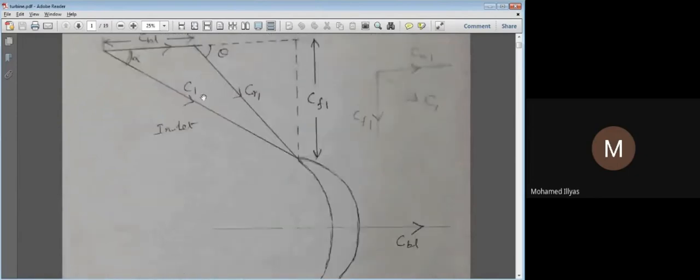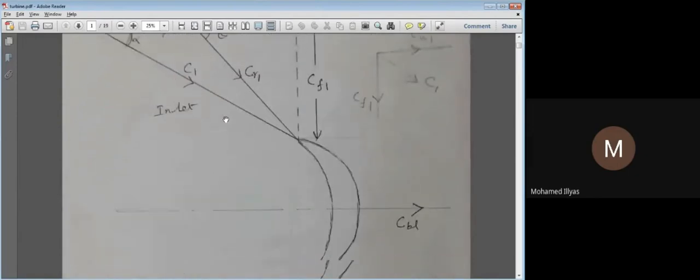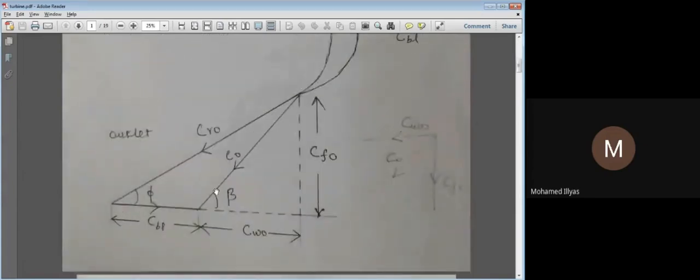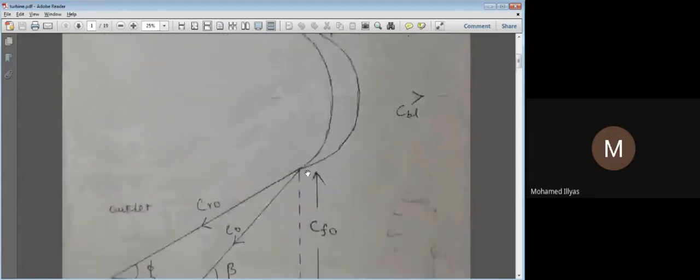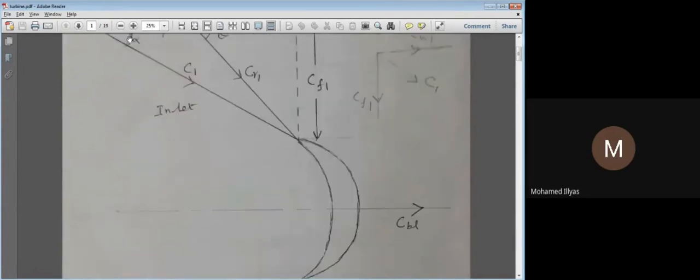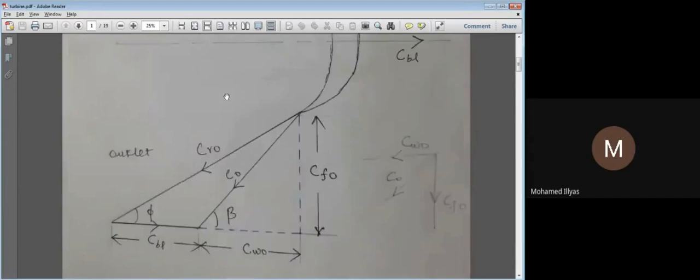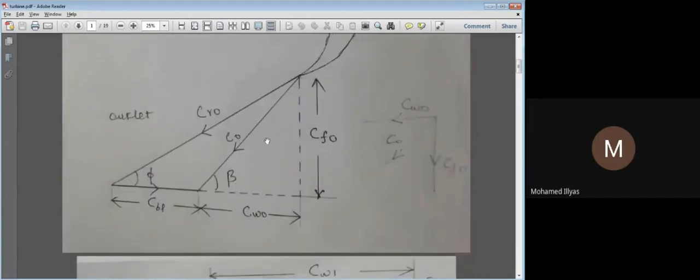Now let us see the actual velocity. The velocity of the steam is coming down here. Alpha is the steam striking angle, and beta is the steam leaving angle.